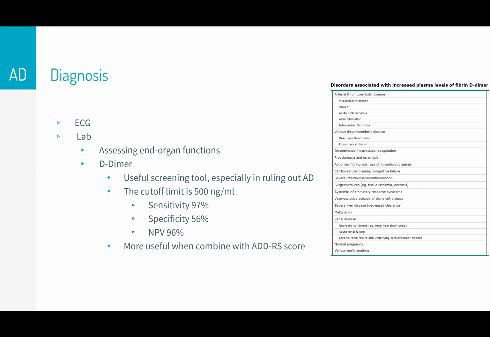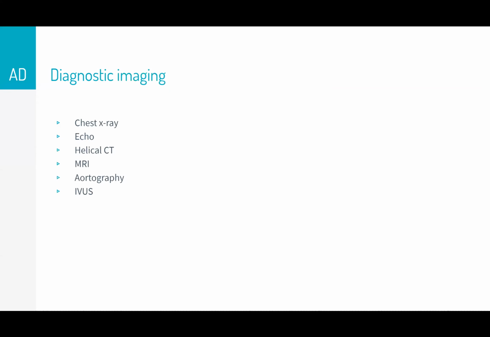In one study I read, it was found that 18% of patients with aortic dissection can have less than 400 nanogram per ml of D-dimer. So as I said, it rules out, it is a good tool, but it's not a definitive tool. You need to have a high level of suspicion in addition to these tools.